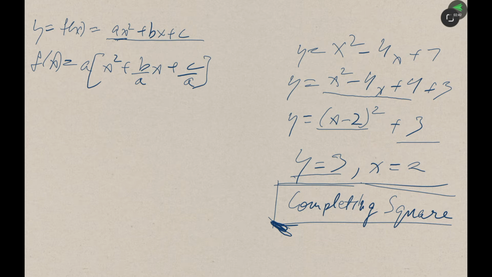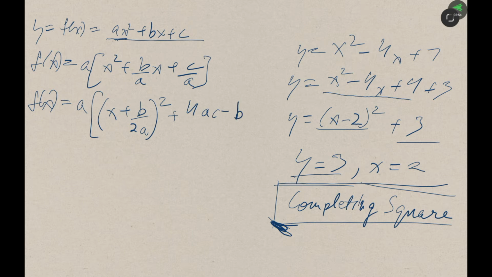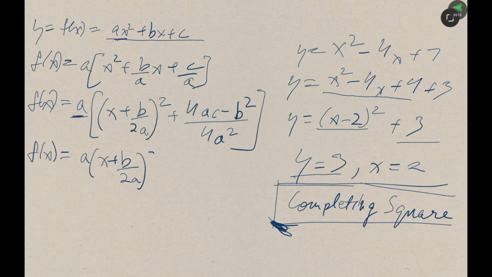So the next step will be, I'll write the final step, that is (x plus b over 2a) quantity squared plus (4ac minus b squared) divided by 4a squared. Now I have to multiply this by a, which I earlier took out from this whole expression. So f of x equals a times (x plus b over 2a) squared plus (4ac minus b squared) divided by 4a.